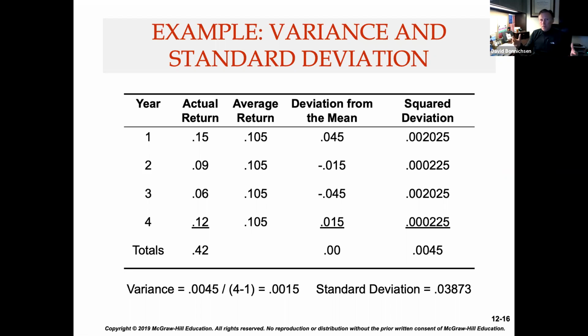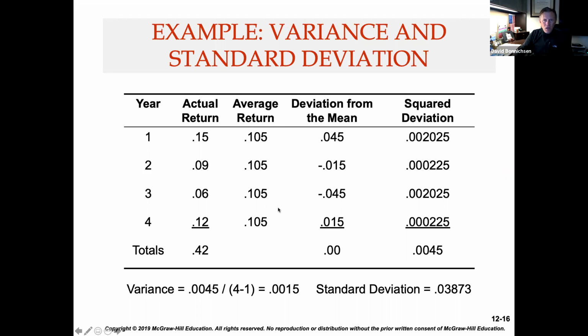Now, what's that telling us? Well, at the moment, we haven't quite gotten there yet. So just stick with me for the next couple of slides and we'll see how this becomes an exceptionally important number to look at as it relates to volatility: the probability that a return is going to exist within a range around the average return.